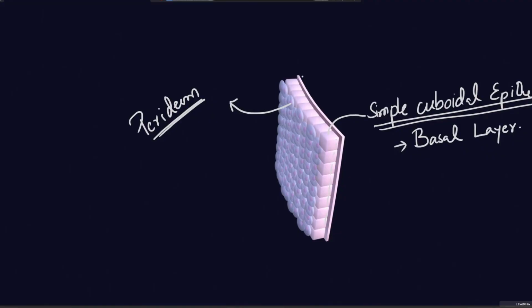Right now, there is no dermis here, and there are no blood vessels in these developing epidermal cells. Even in the mature epidermis, there are no blood vessels. But later, the dermis will develop, and within the dermis, blood vessels will develop.